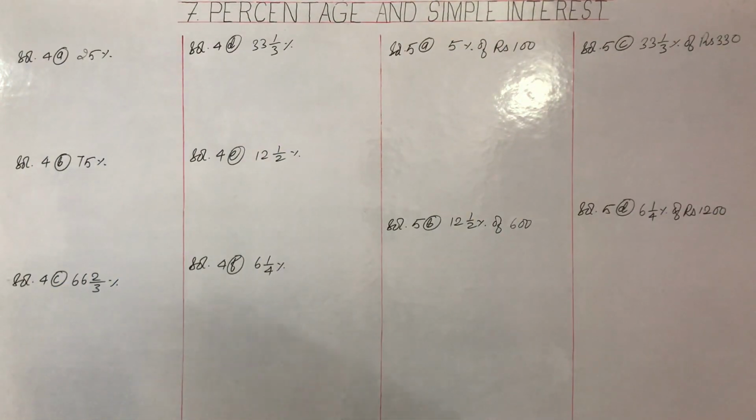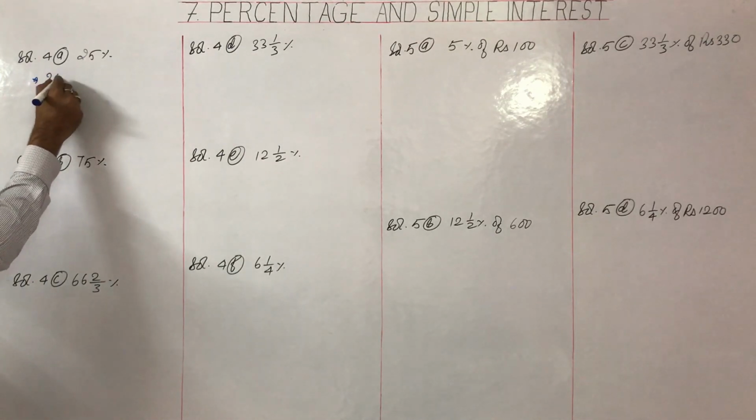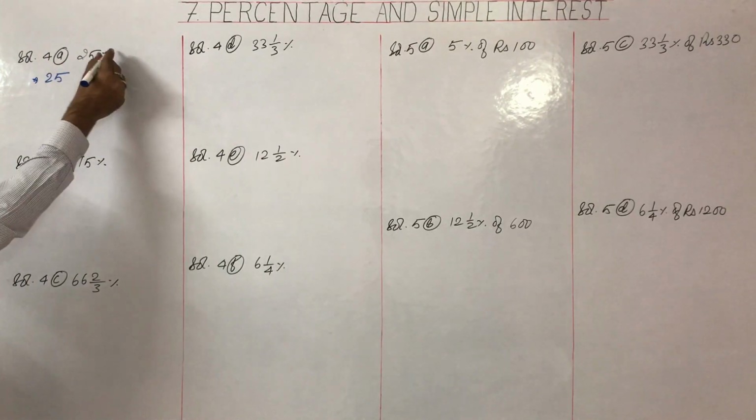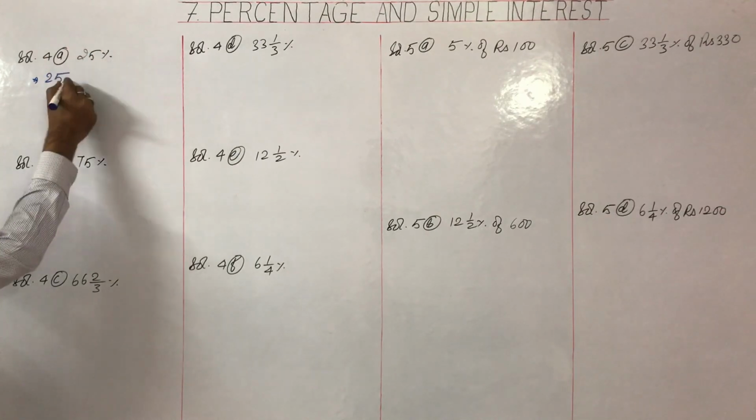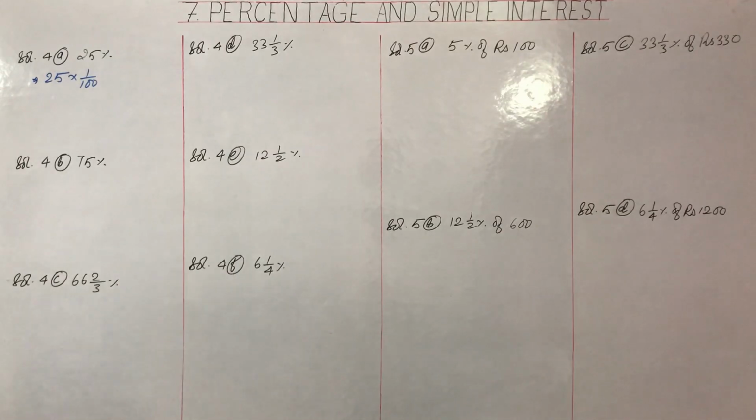Next, question number 4. Express each of the following as a fraction. The given percent first is 25. We have to express 25% as a fraction. So what to do? In the first step, write 25% by replacing the percent sign by 1 by 100, or divide that number by 100.